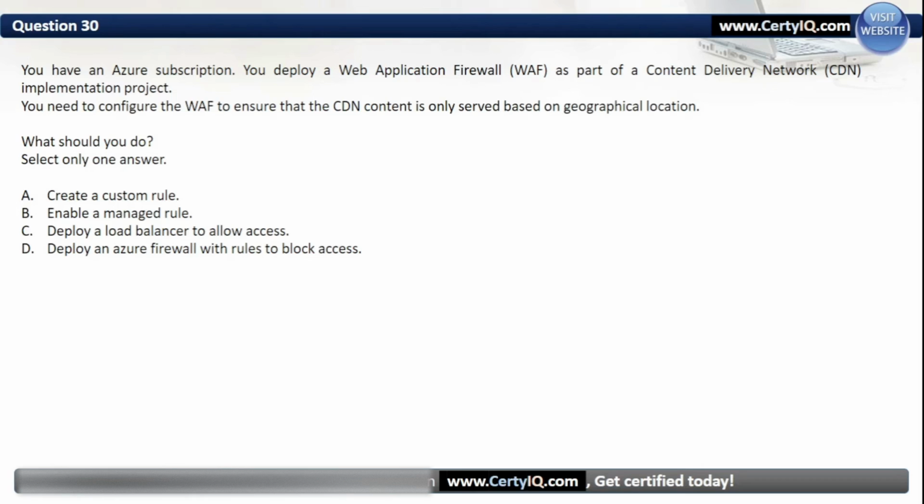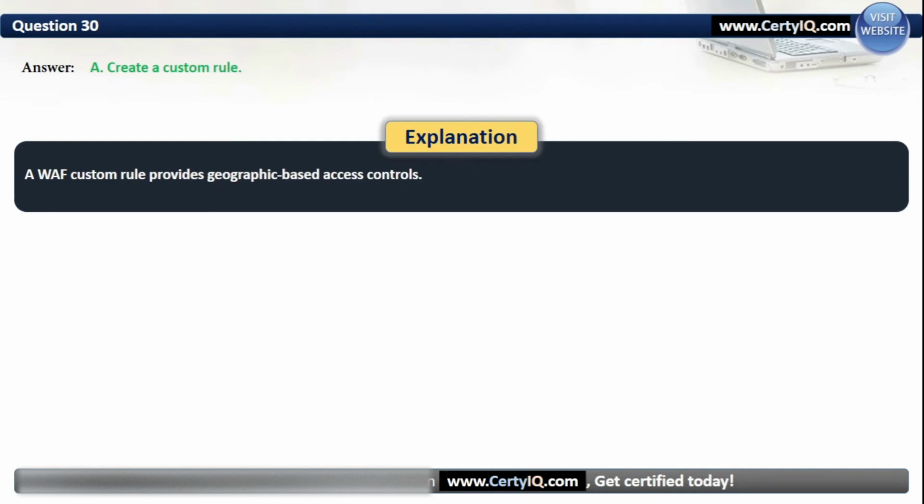Our options are A. Create a custom rule, B. Enable a managed rule, C. Deploy a load balancer to allow access, or D. Deploy an Azure firewall with rules to block access. The correct option is A. Create a custom rule. A WAF custom rule provides geographic-based access controls.